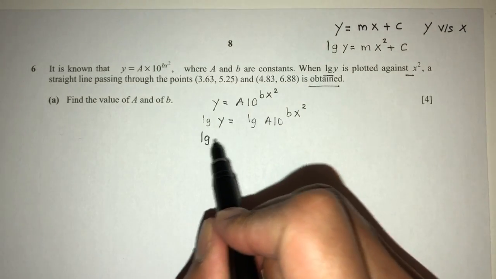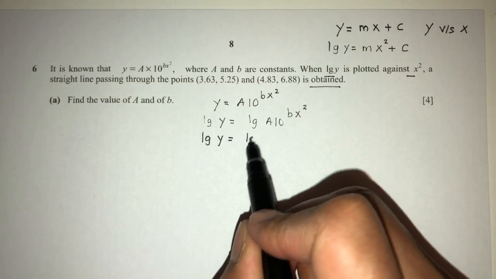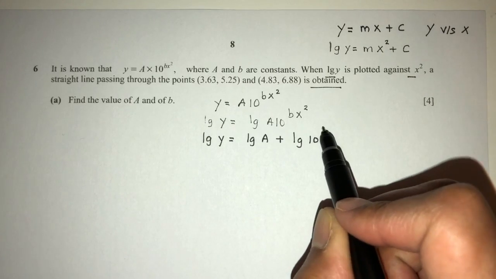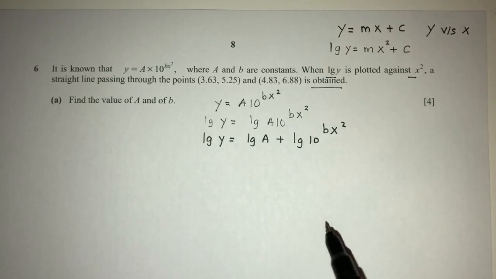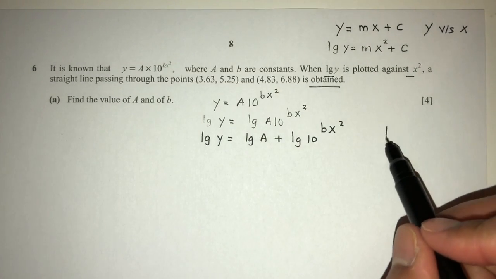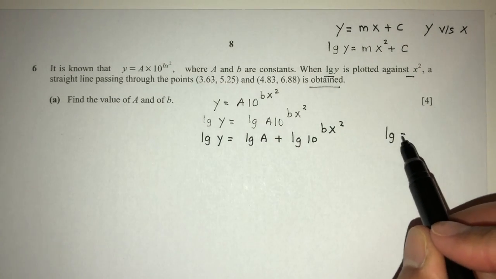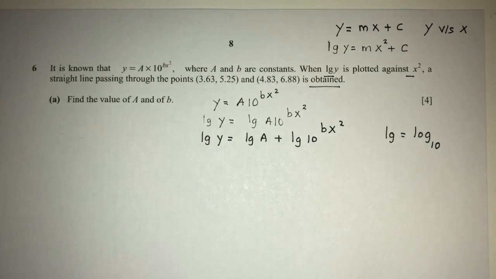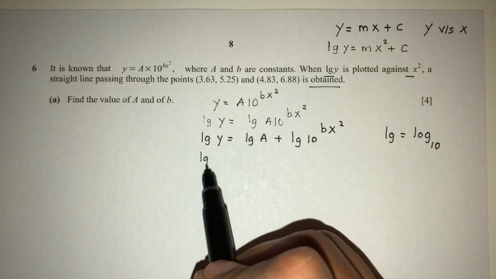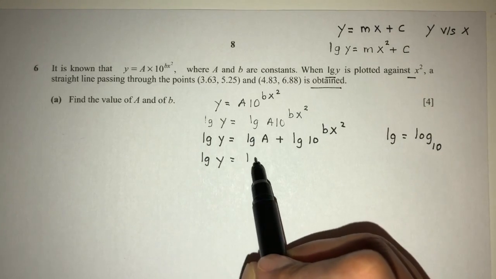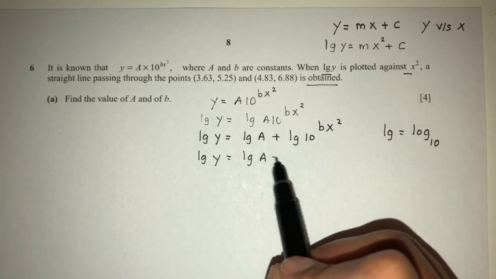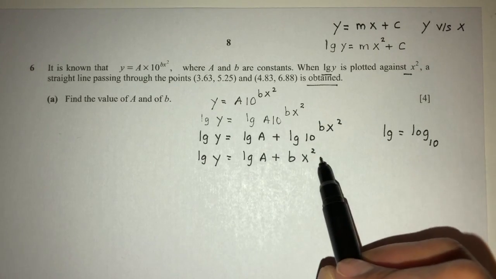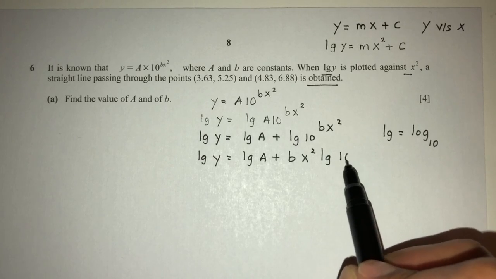That will be log y, and that will be log a plus log 10 power bx squared. Simplify. Now, what is lg? It is basically log to the base of 10. So we have log of a, and we can first send the power to the beginning, will be bx squared times log of 10.